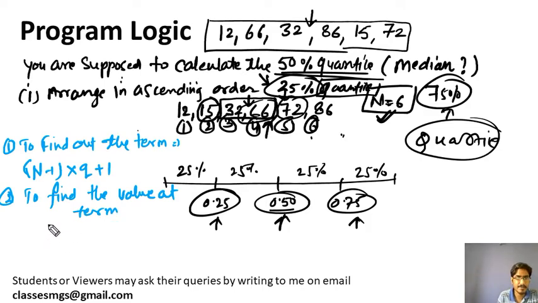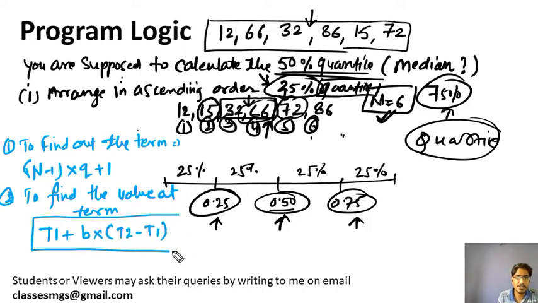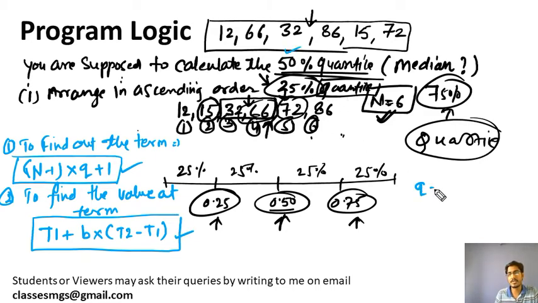We will apply the formula T1 plus B into (T2 minus T1). Okay, so this is how you can apply these formulas to calculate the quantiles for different values, like q equals 0.25, q equals 0.50 and q equals 0.75.